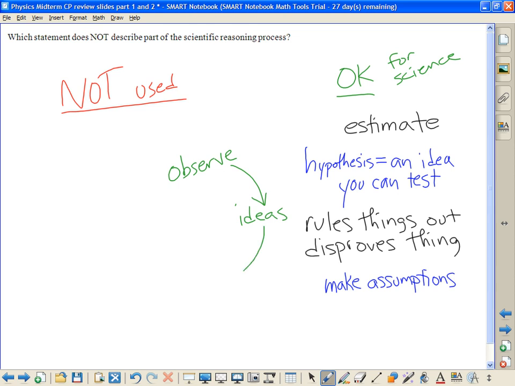When the scientist gets an idea, he or she will test that idea. And then maybe we discard the idea. Maybe we improve the idea.